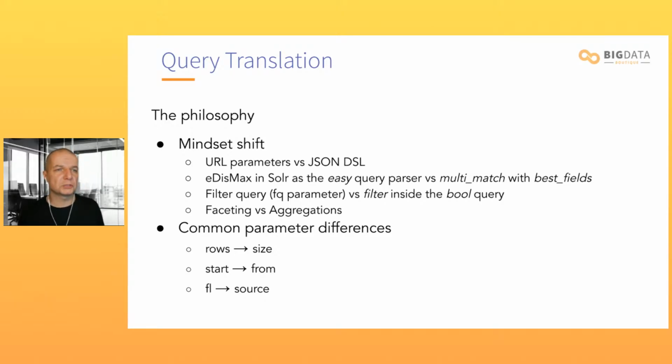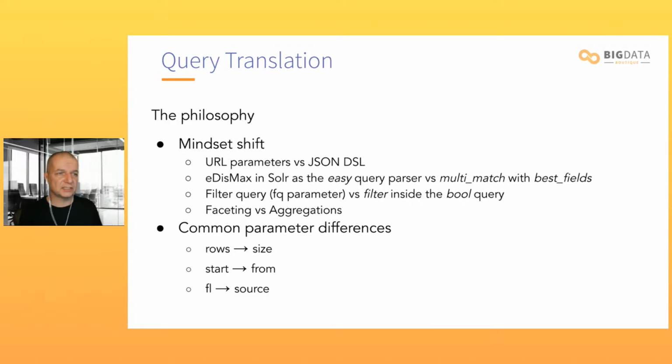But in OpenSearch, multi-match with the best fields behavior will probably give you more or less similar things. We have to remember that filters are different. We have a filter query in Solr. When it comes to OpenSearch, we have the filter element in the Boolean query. So this is a difference. I know people are used to using the fq parameter in the URL itself. In OpenSearch, it's different. We need to wrap that up in a Boolean query and so on and so forth.